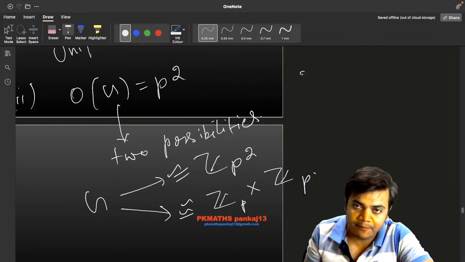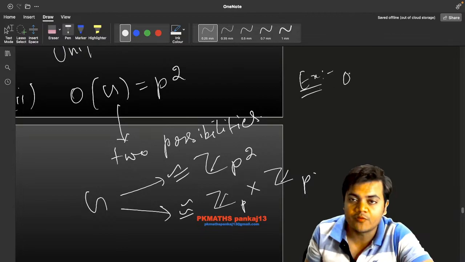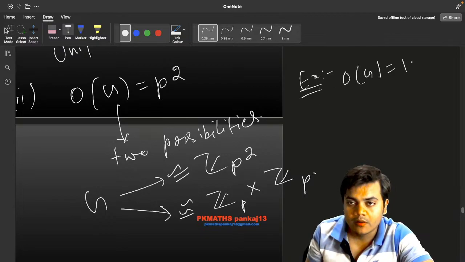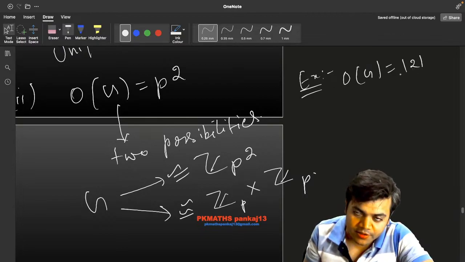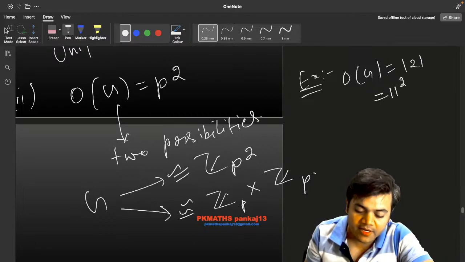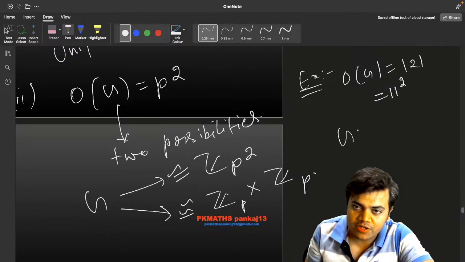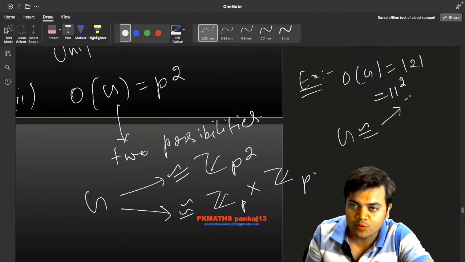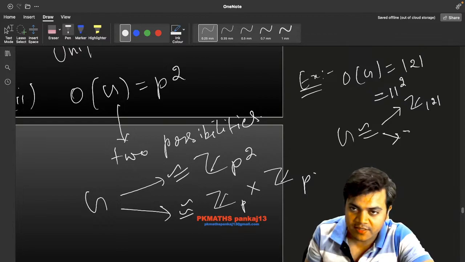For example, if you have a group of order 121, then this 121 can be written as the power of prime, 11 squared, and this G will be isomorphic to what? Either it will be isomorphic to Z121, or to Z11 cross Z11.